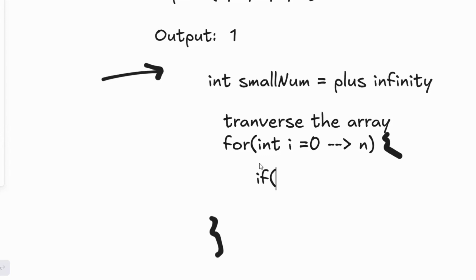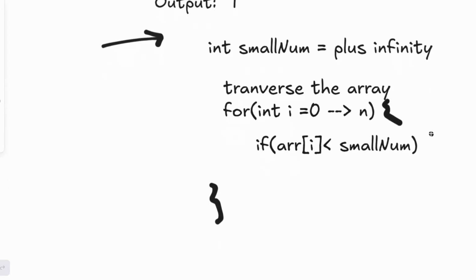If our array of i, as we are traversing it, is smaller than this variable small num, then we have to update the variable.